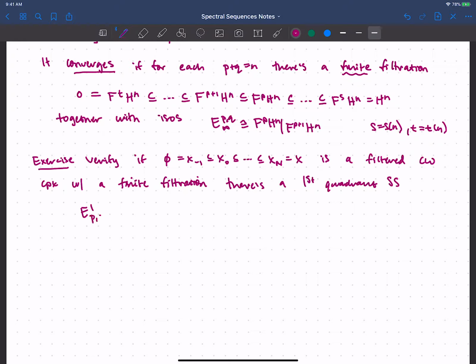that looks like E^1 page is E^1_{PQ}. Of course, this is going to be our homology of our relative homology, thinking about the homology of the filtration quotients, and that it converges to H_{P+Q}(X). So that's saying that there should be some finite filtration and you should identify it.